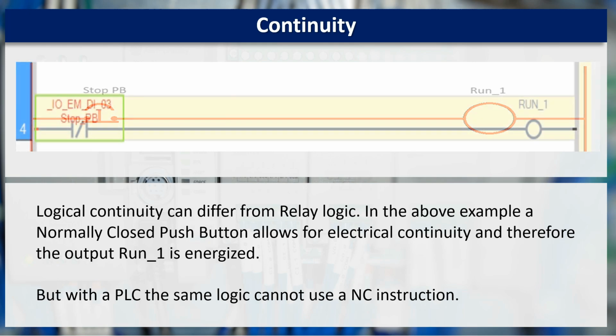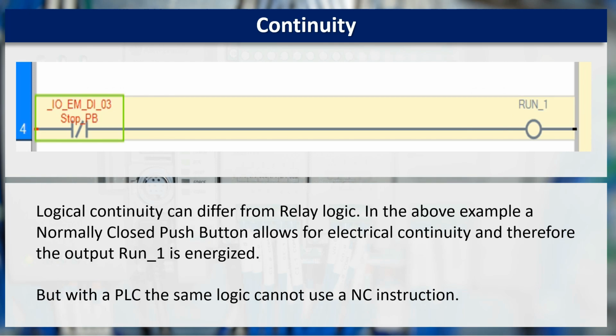Here we have the same rung of logic in PLC as opposed to relay logic. We know it's a normally closed push button, so we're using a normally closed instruction. However, the run is not energized.